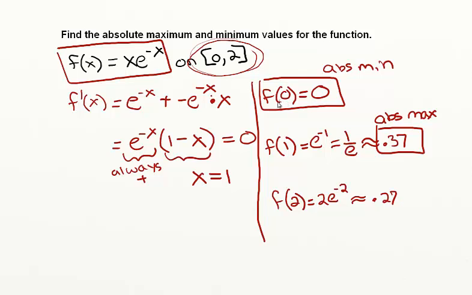Now when we use the first or second derivative test, those help us find local maximums or minimums of a function over the entire real line. Now sometimes they could help us find a local maximum or minimum value in an interval, but when we have a closed interval, like in this case here, it's just easier to use the closed interval method and check both of the endpoints and any critical numbers.